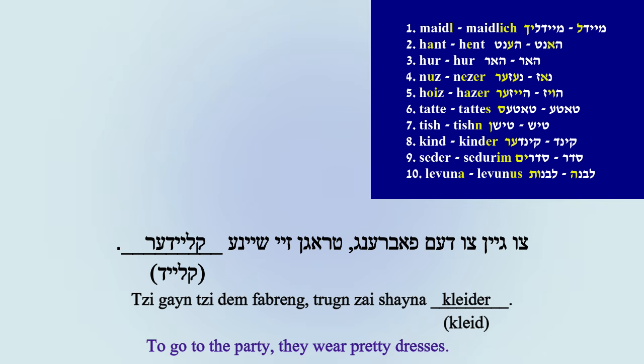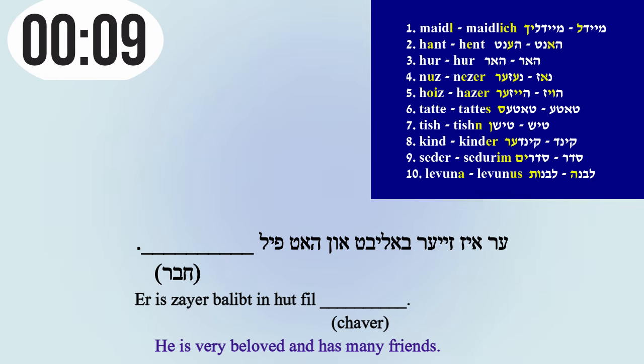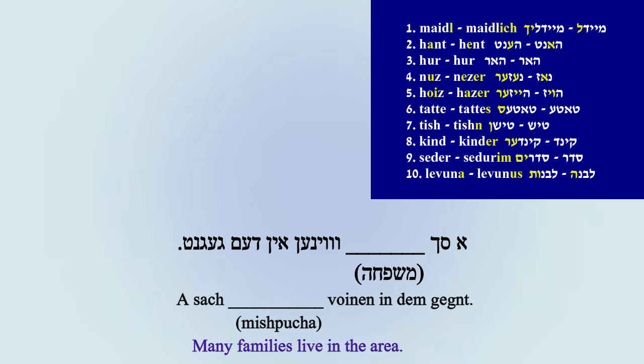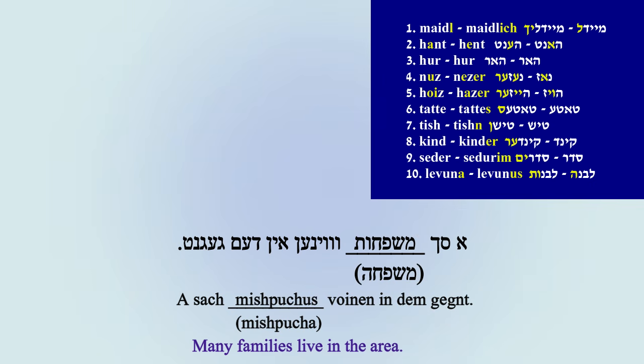Sie gehen zu der Fabrik, trugen sie scheine Kleider. Ihre sehr beliebt und hat viel Geweihrem. Asach Mishpuchas wohnen in dem Gegend.